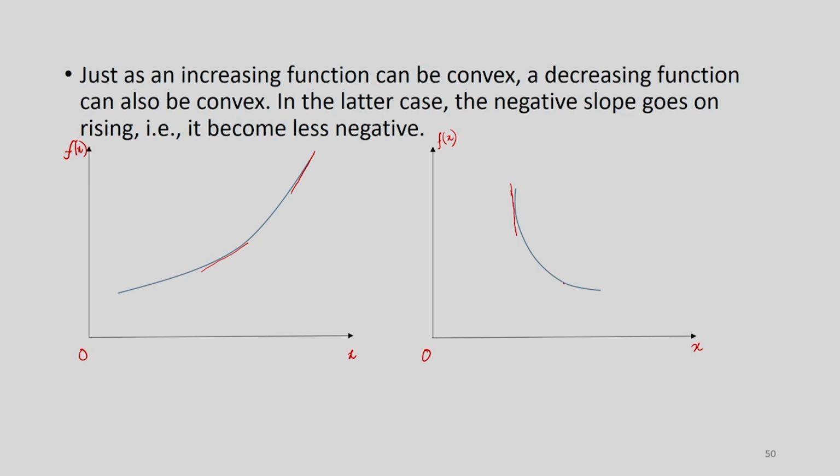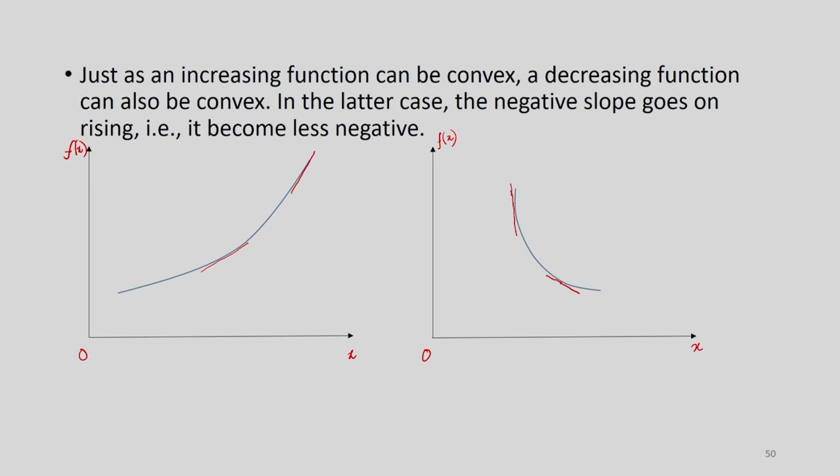On the other hand, if you go to the right a bit and find the slope, here also the slope is negative, because the function is declining. But the absolute value has gone down, which means that the algebraic value of the slope has gone up.